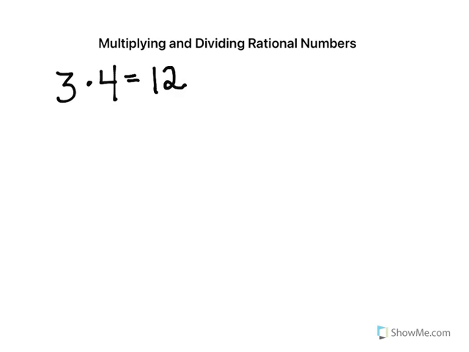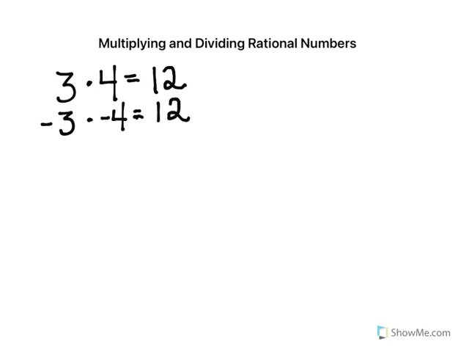Both of those are positive numbers, so you have a positive product. Now, if we have negative 3 times negative 4, because you have two negative numbers, you will also get a positive product. A negative times a negative also creates a positive.